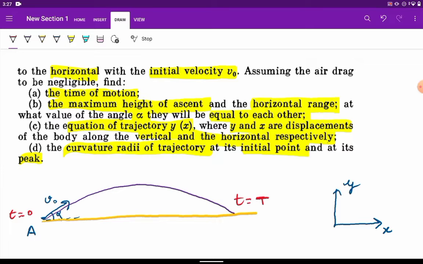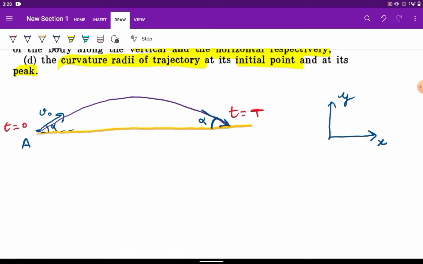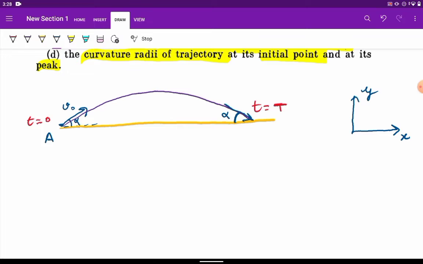Now one thing, since it is coming back to the same height again, it is basically symmetrical. So the angle at which it was projected, it will come back at the same angle. This angle will also be alpha, because it is coming back to the same height. I'll give a quick explanation.